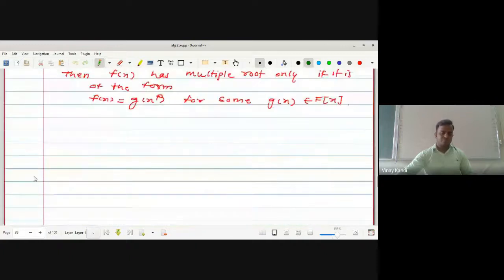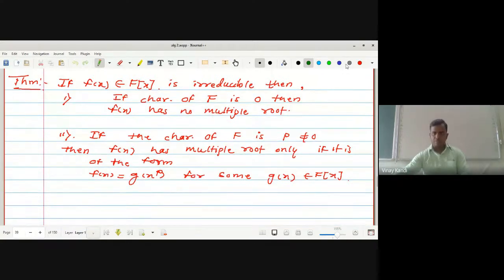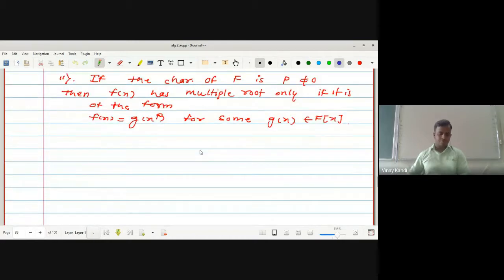Look at the proof of this theorem. What is f(x) given here? f(x) is an irreducible element. Okay, proof. Part 1.